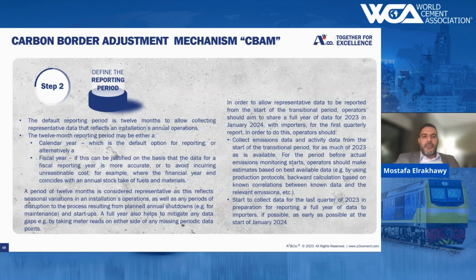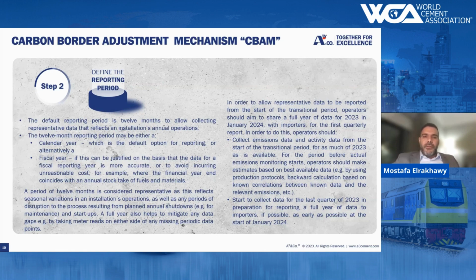This 12-month period is considered representative because it reflects all seasonalities and maintenance activities done in any month. If you report monthly, for example, you could find one month peaking high and other months not, so the annual report is more representative and accurate, and also prevents any data gaps in the reporting system.